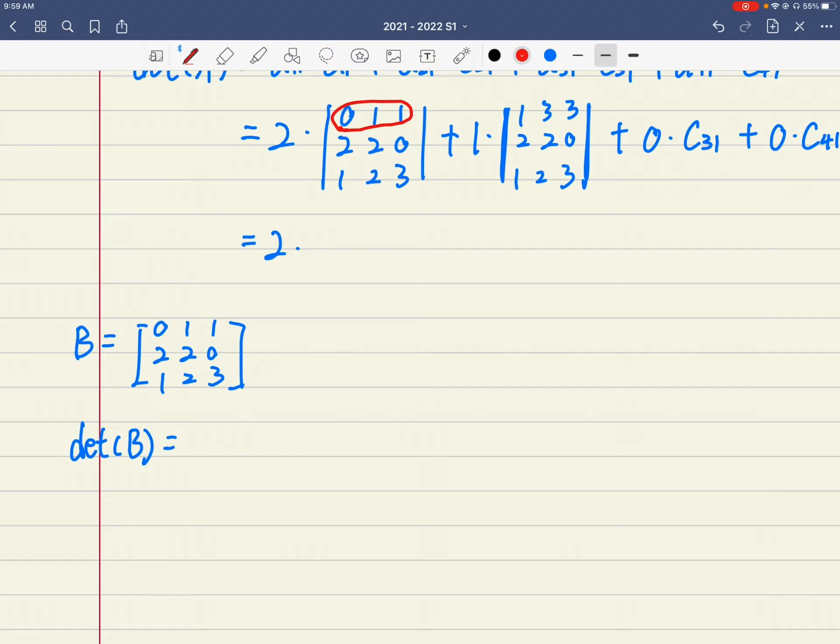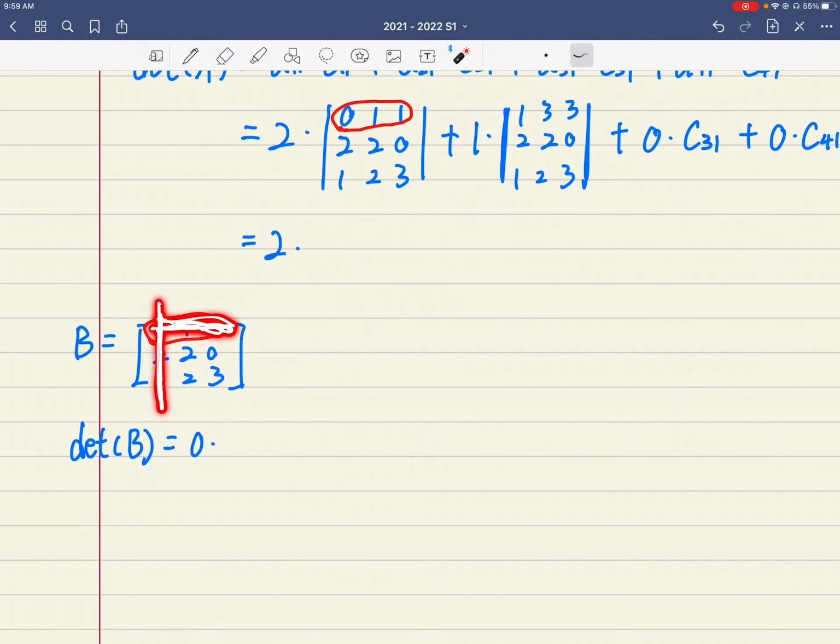Let's say we expand the determinant by the first row, so it's going to be 0 times B11 times B's cofactor matrix 11 entry. What is B's cofactor matrix 11 entry?